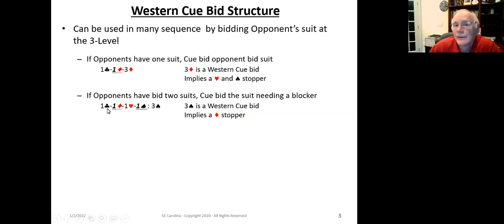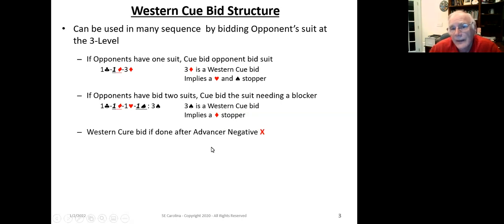Because the cuebidder has initiated this, it probably implies he's got six plus clubs and feels comfortable that they can make three no trump by running the clubs. Remember, three no trump is a lot easier to make than five clubs. So this is very worthwhile in terms of investigating whether three no trump is a viable contract or not.